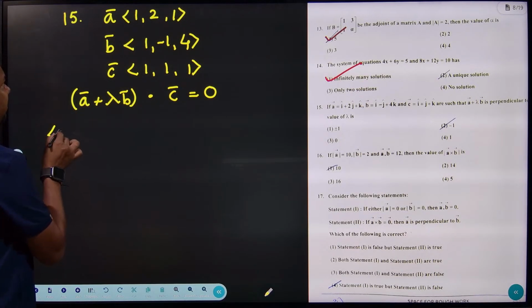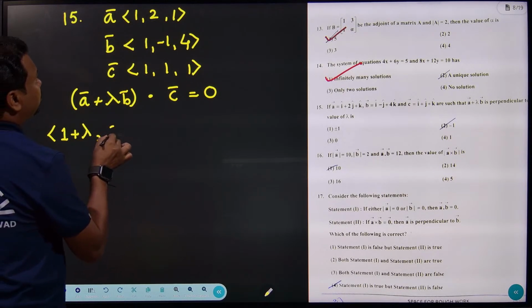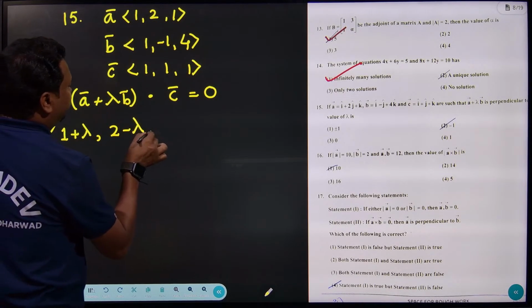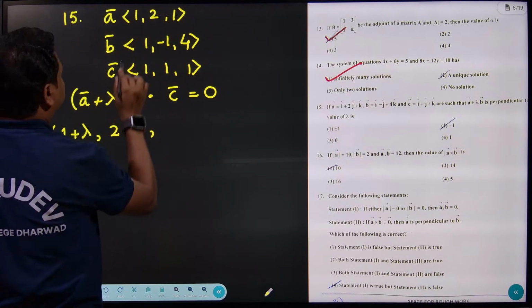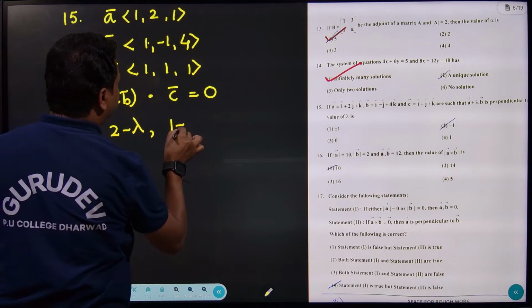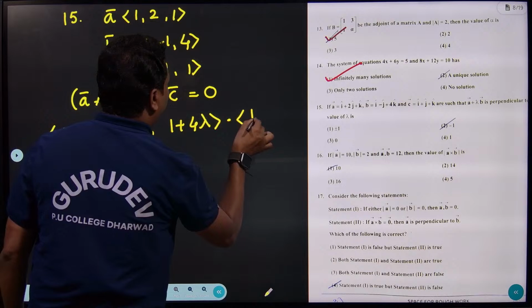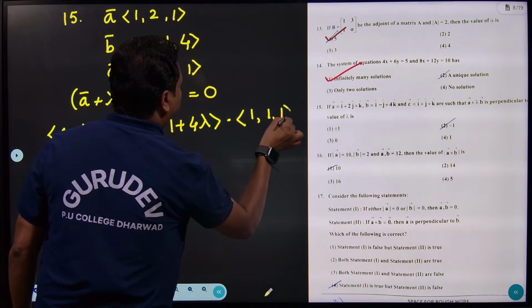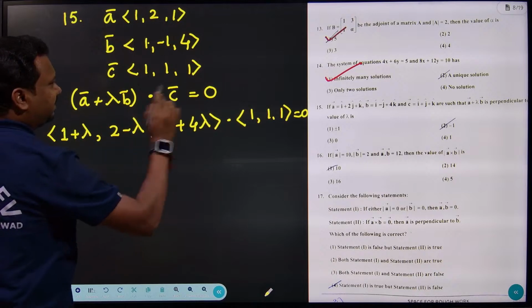So let us understand the scalars of A plus lambda B. What happens to A plus lambda B? 1 plus lambda, 2 minus lambda, 1 plus 4 lambda are the scalars, dot 1, 1, 1 is equal to 0. Now multiply A1 A2 plus B1 B2 plus C1 C2.